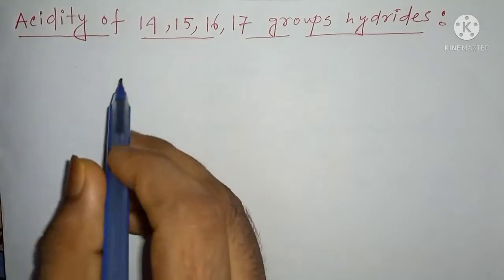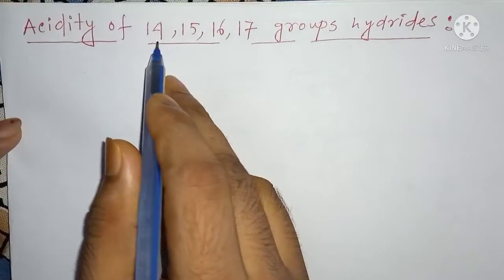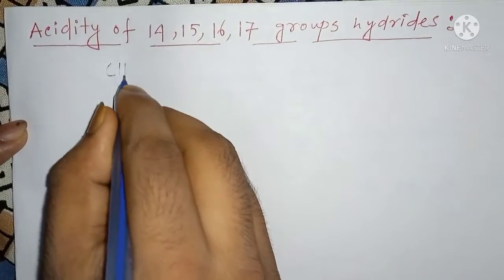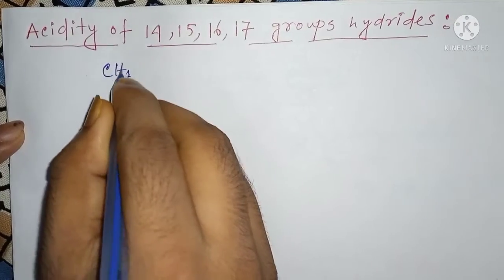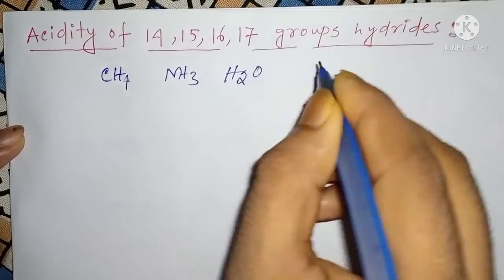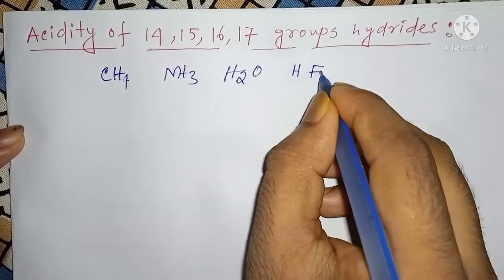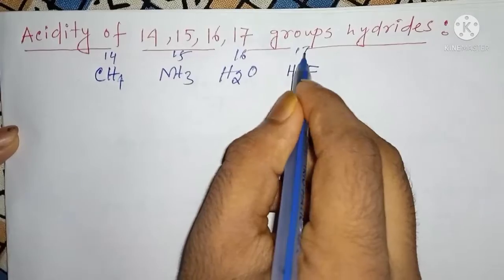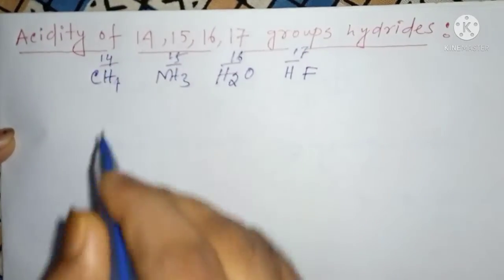Now the acidity of group 14, 15, 16, 17 hydrides. Example: CH4, NH3, H2O, HF. These are the group 14, 15, 16 and 17 hydrides.